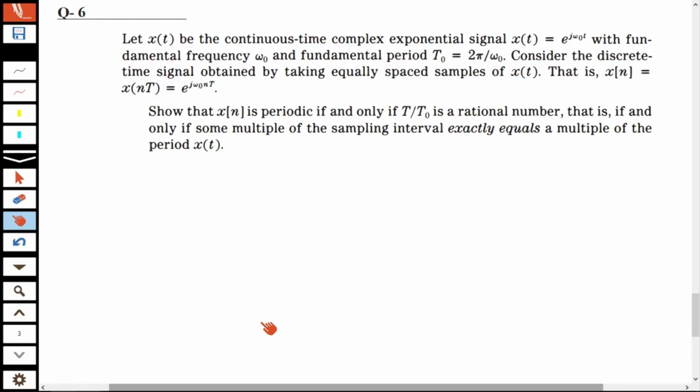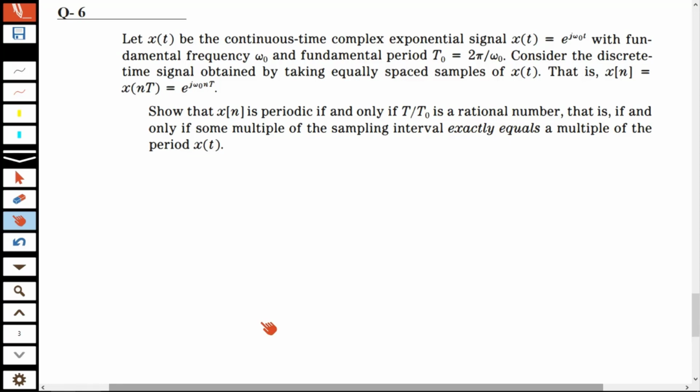Moving to question number 6. The question says, let xt be a continuous time complex exponential signal. A complex exponential is of the form e to the power j omega naught t, which has a fundamental frequency of omega naught and the fundamental period 2 pi by omega naught, that is t naught.